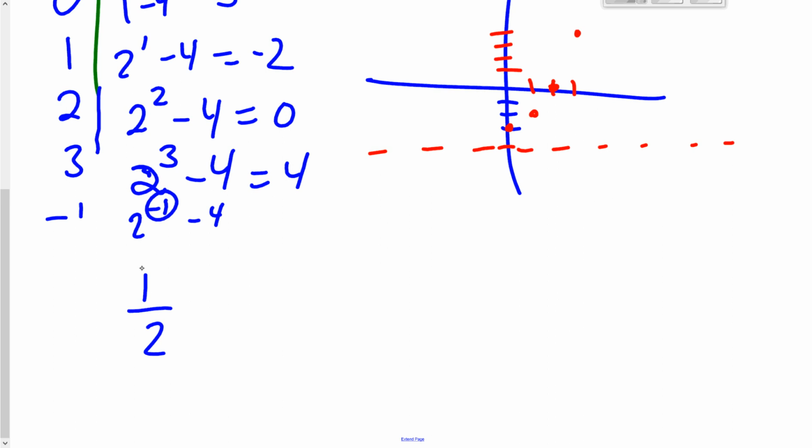That negative exponent creates a fraction, and we can put that base on the bottom with a positive exponent of 1. And then minus 4, that's negative 3.5, right? And so on. So it's going to stay above negative 4. It's going to look like this and continue to go up. So that's how that graph looks. See how it moved down 4, our horizontal asymptote?